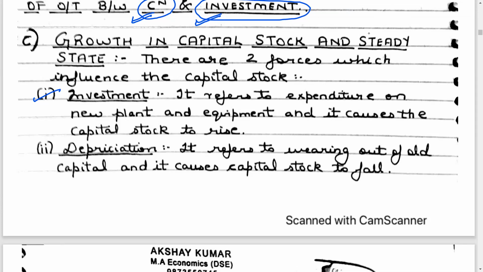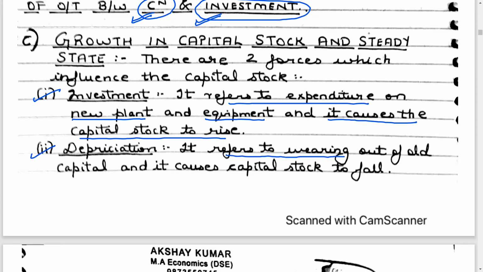All of us know what is investment, right? Investment refers to the expenditure on new plants, buildings, equipments, and it causes the capital stock to rise. Obviously, more investment done by the firms causes a rise in the capital stock. And then, guys, we have depreciation. What is depreciation?